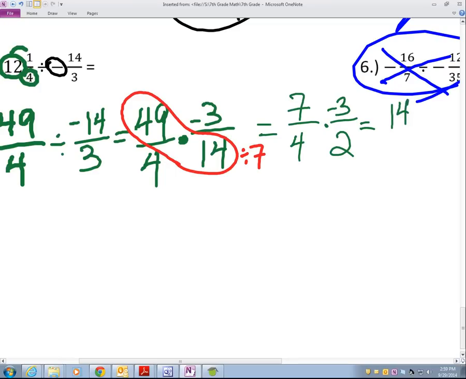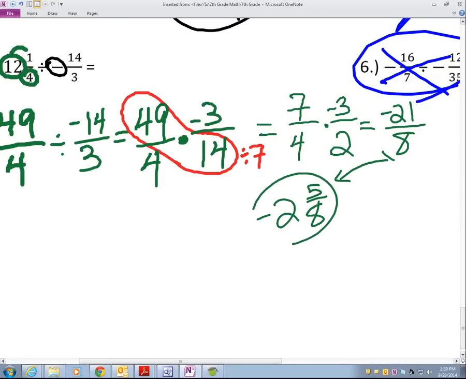So we have negative 21 over 8. That becomes negative 2 and 5/8, simplified from this to that. Circle my answer. Now I'm done. And I don't know why, but when I erase, that goes from being nice and pretty to being wobbly. Watch. Wobbly. So that's that. Have a good one.